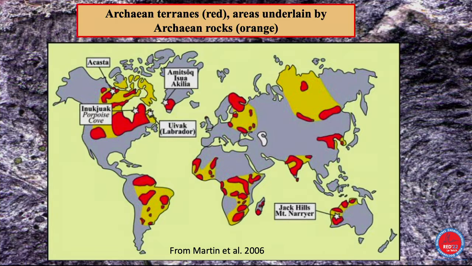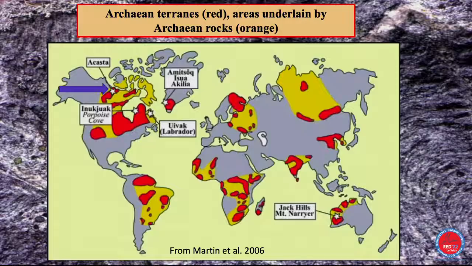And indeed, if you look at the red patches, these are Archean terrains, and everything that underlies the Archean terrains is shown here in orange color. And some famous names, namely Acasta. Here are these small pieces of rocks dated to the Hadean Eon.